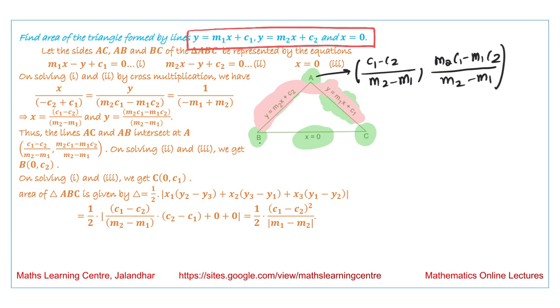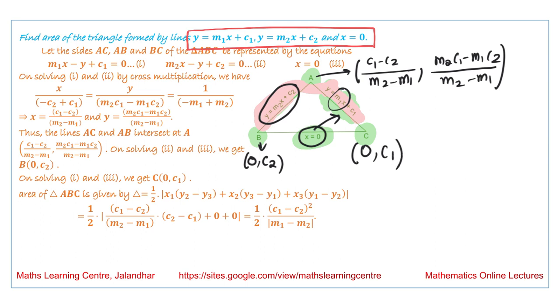Then we are talking about the coordinates of this point B. We are solving x is equal to 0, y is equal to this. So we obtain that the coordinates of the point B are 0, c2. Coordinates of the point C: if we substitute x is equal to 0 over here, we obtain 0, c1.